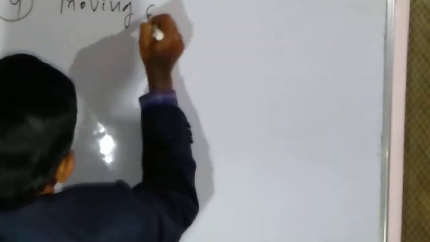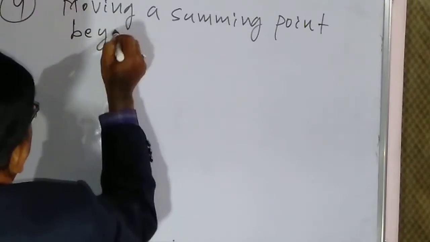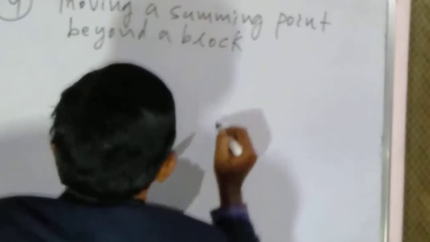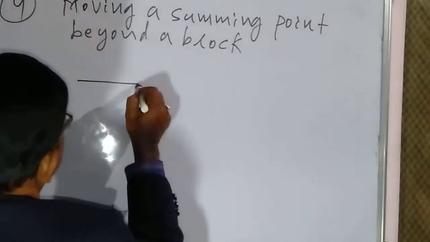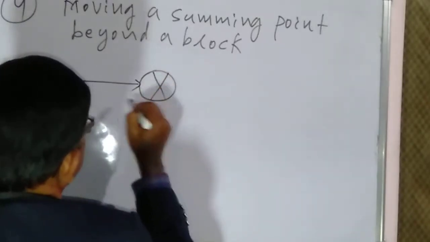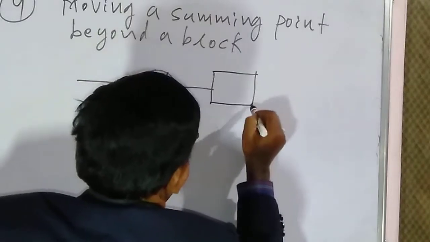So now let us discuss rule number 4, that is moving a summing point beyond a block. So this is the summing point beyond the block, means behind the block.